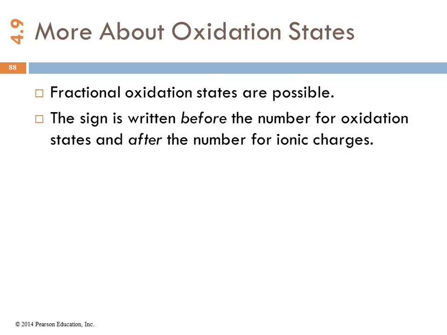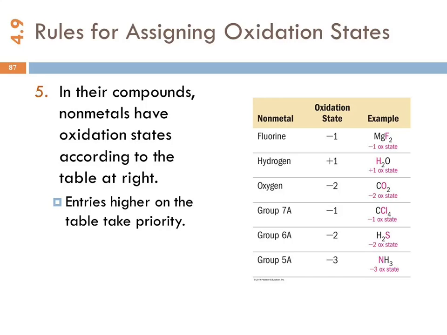So let's go back to this one and look at that nitrate ion that was bothering us, right? NO3 minus. So as we go down the rules, the first rule that we come to that applies to this is that the oxidation states of these atoms have to add up to -1.